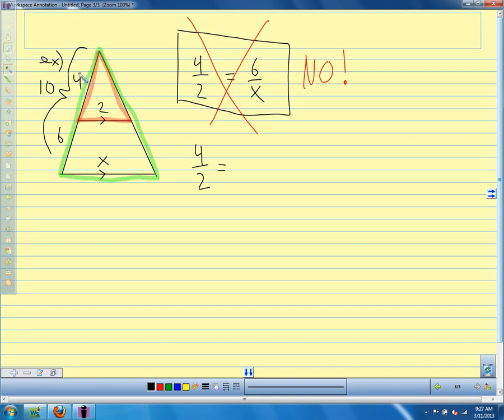So here we're using the parts of the small triangle. We have to use the parts of the big triangle to make our proportion. So 4 divided by 2 would be 10 divided by x. And this gives us, when we cross multiply, 4x equals 20. Divide by 4, x equals 5.